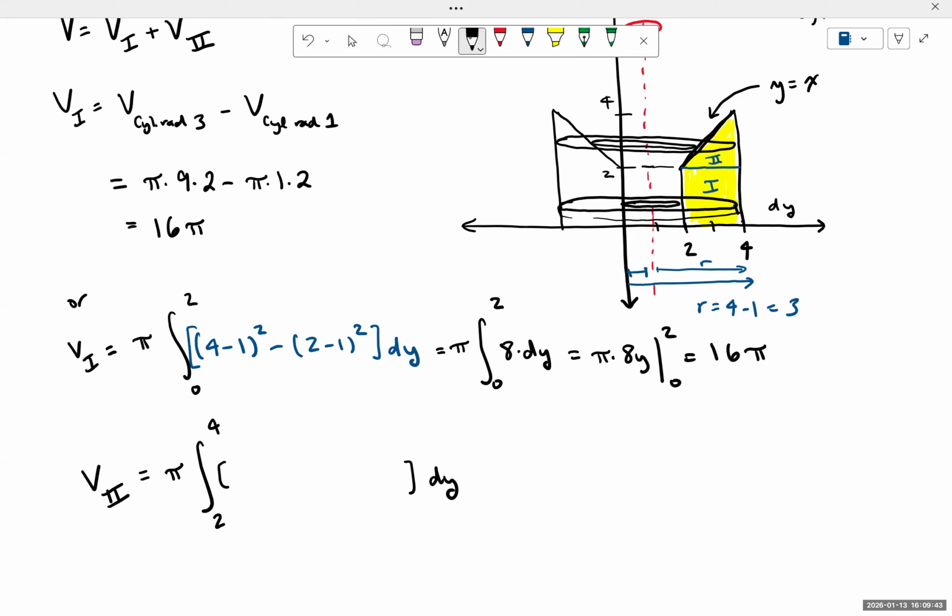Now, the outer radius is still that vertical line at 4, so my radius is still going to be 4 minus 1, which is 3. So I'll just put it in there. But now the inner radius, instead of just being 2, is going to be at the line y equals x. So the line x equals y.